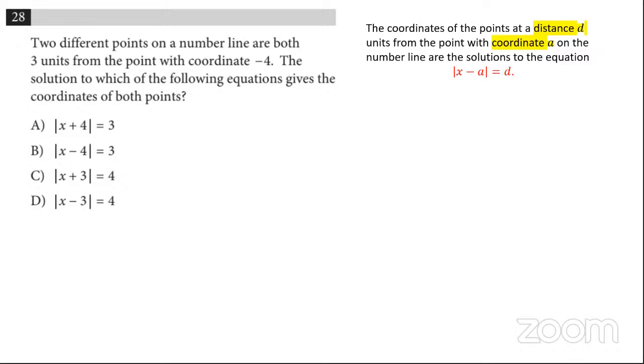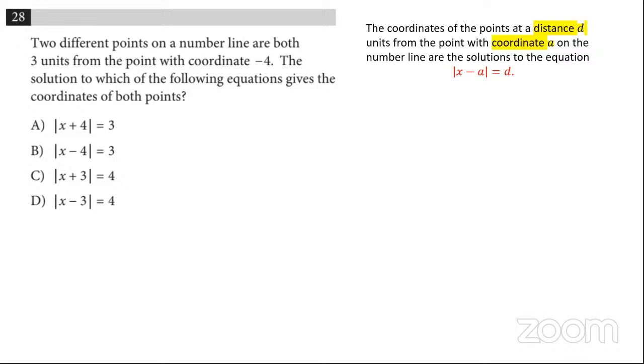Just substitute for the values a and d and your answer will be right in front of you. If you got it, what is the answer? Which option? Johan, which option? If you understood what I'm saying, it will be very easy to do. So what will be the correct answer?